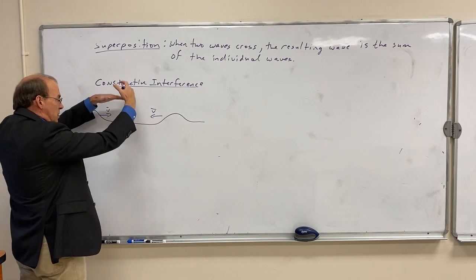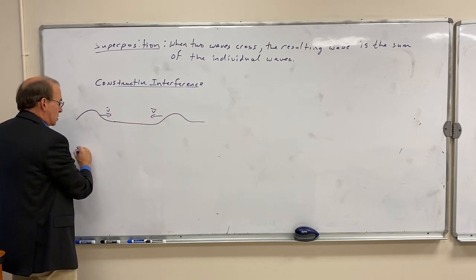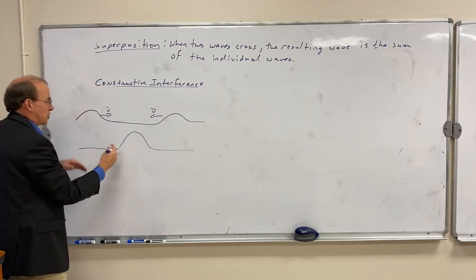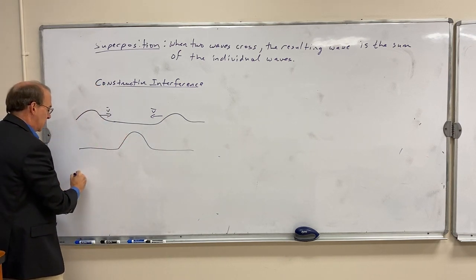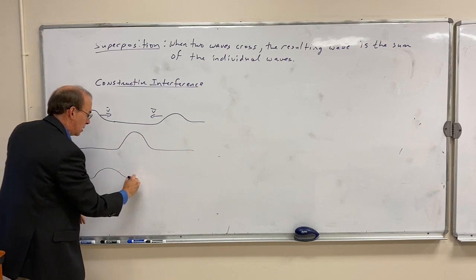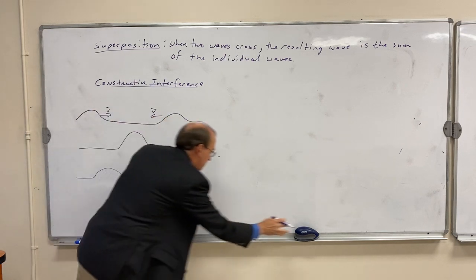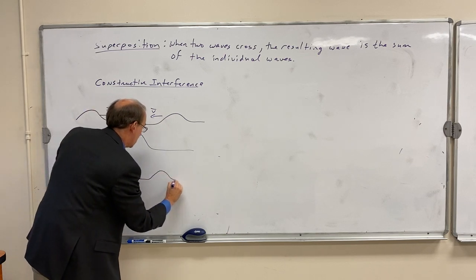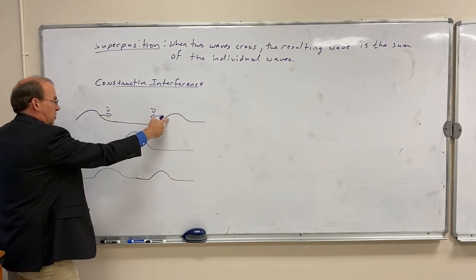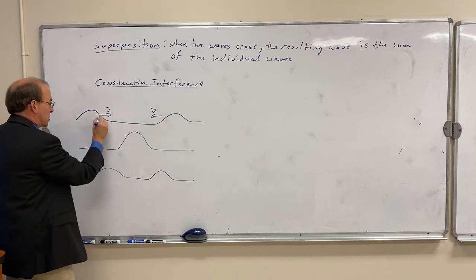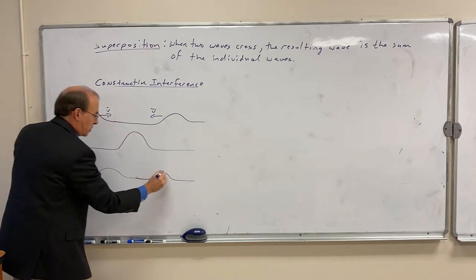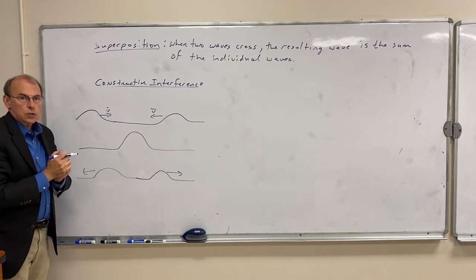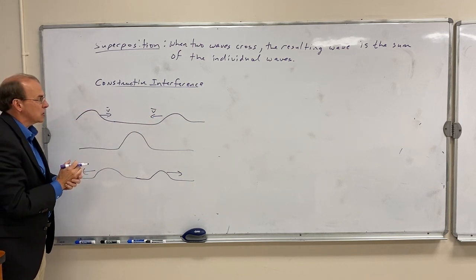When they meet, they'll just add together. So a little bit later, they'll just make a bigger wave, kind of exaggerated here, I guess, and then they go on their merry way. So this pulse that was over here is now over here. This pulse that was over here is now over here. But while they met, they added together. That's called constructive interference, and that's an indication it's a wave.